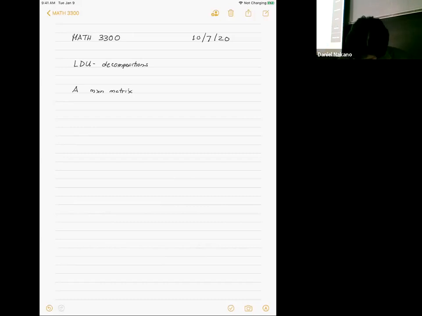We use Gaussian elimination to get the lower triangular matrix, L. During Gaussian elimination, we keep track of the row reductions and the elementary matrices associated with the row reductions, and then we use the multipliers in order to construct L. And then after that, U is in upper echelon form.